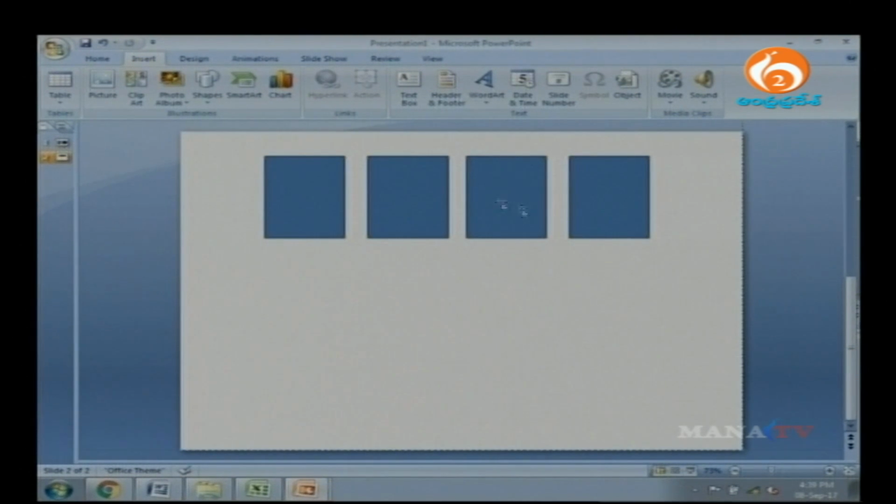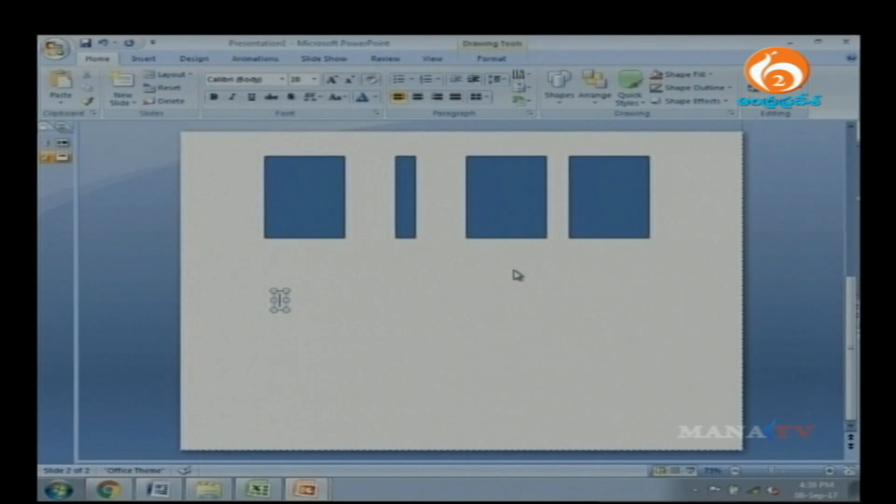Now, one of the blocks is much narrower than the other 3 blocks. So, what do I say here? Let me insert the text. You can pretty much understand what I mean by this.